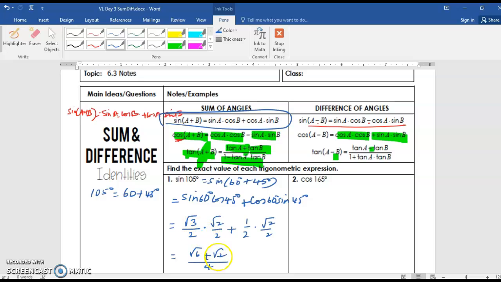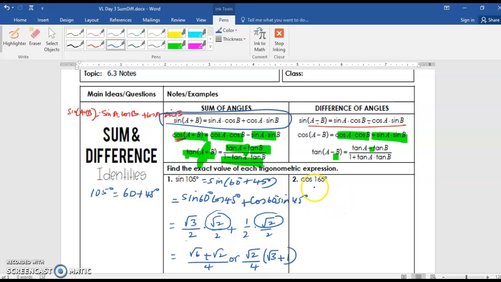You could see this as the answer, or you could see an answer where the square root of 2 is factored out because that's a GCF here. You can write this as square root of 2 over 4 times square root of 3 plus 1. You can even bring out the 4 because in the denominator you have 4 in both the terms. So both answers are right. Okay, you can see either of them.